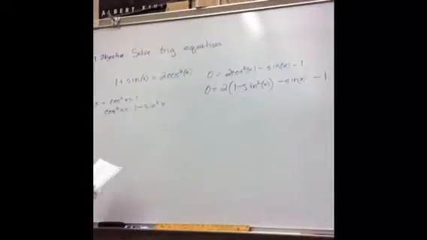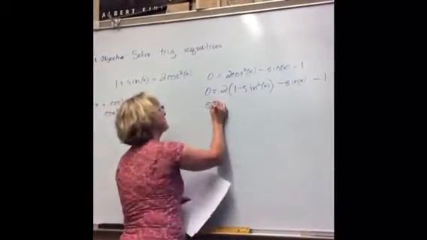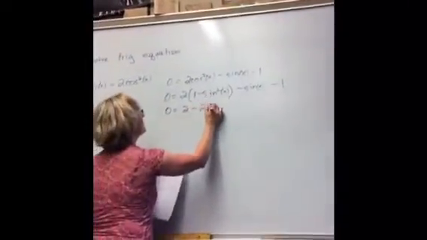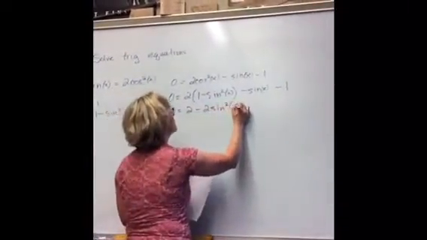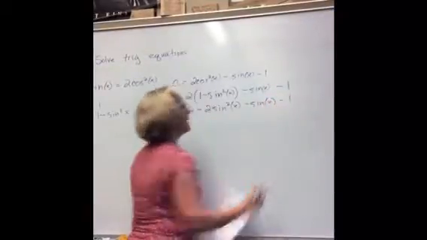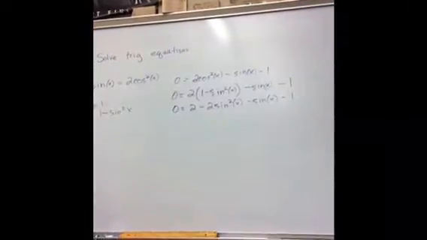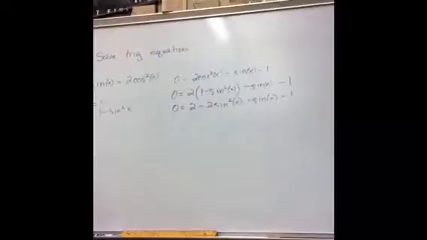Okay. All right. So if we distribute the 2, all right. One of the reasons we moved everything over to that side was to make the leading coefficient positive, right?